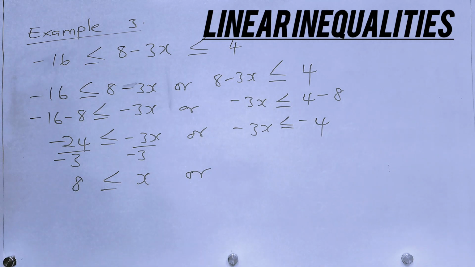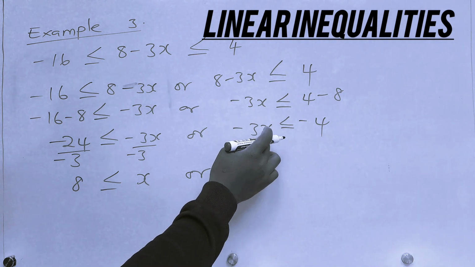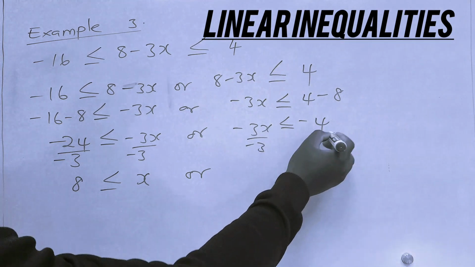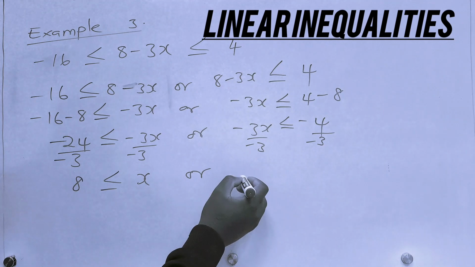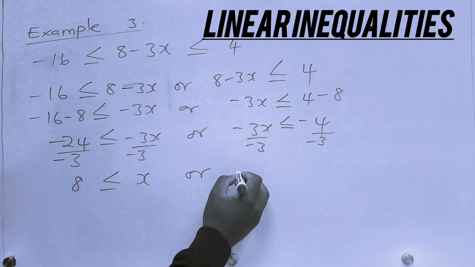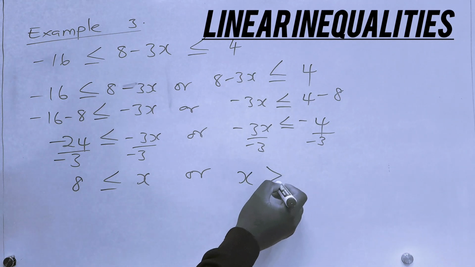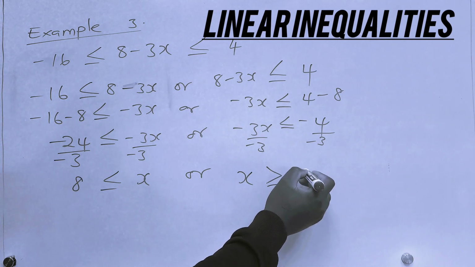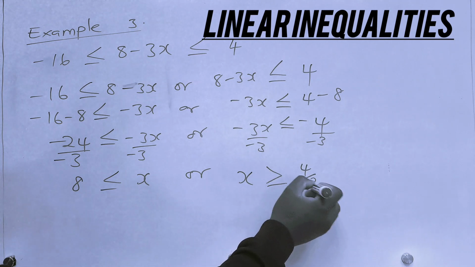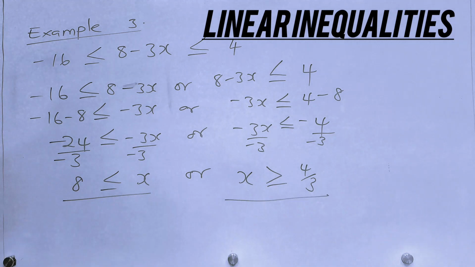Or, then here we divide by minus 3 both sides. So our solution is going to be x is greater than or equal to 4 over 3. This is the solution. So in this case, our solution doesn't form a joint inequality.